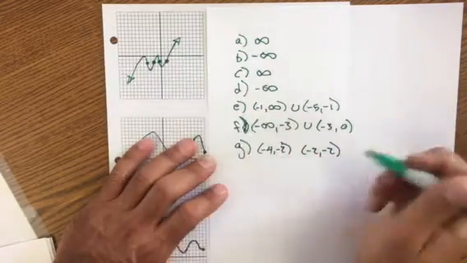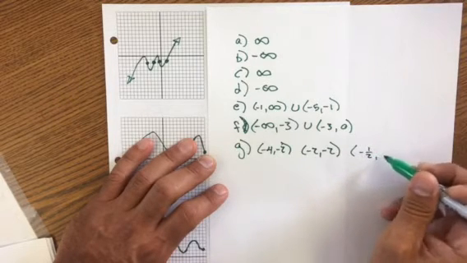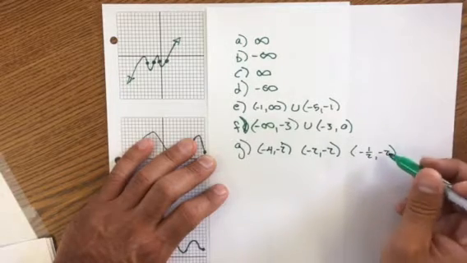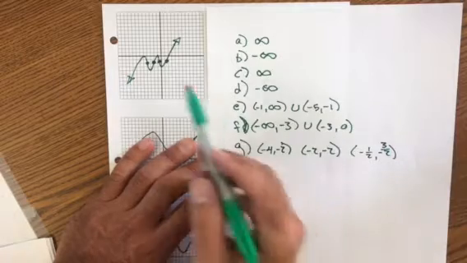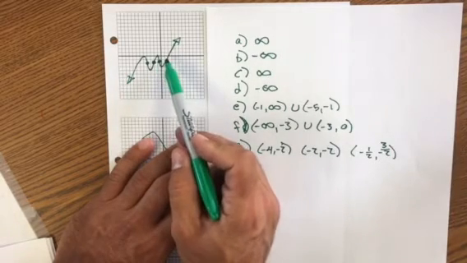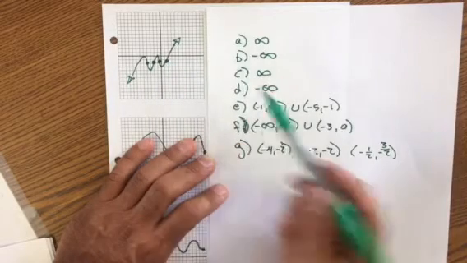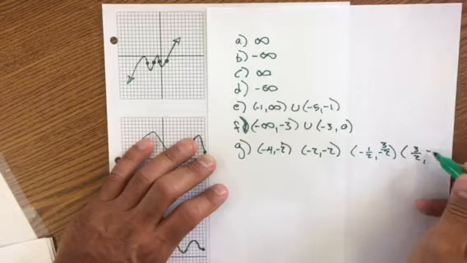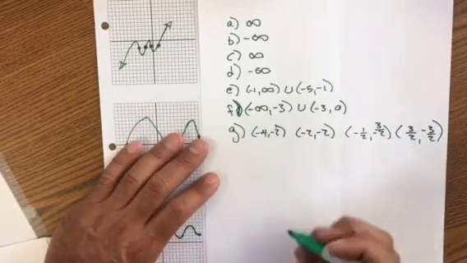The third one is (-1/2, -2). Actually, it looks like -3/2. I'll make them easier for y'all to see. And this one looks like about 1.5 or 3/2, -3/2. So that's where we're looking at those.